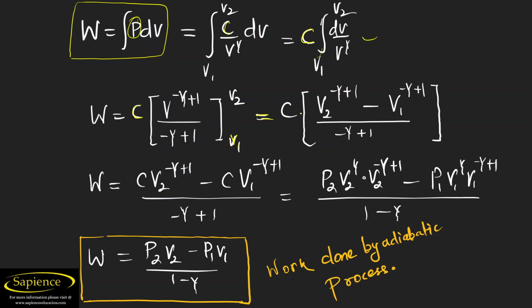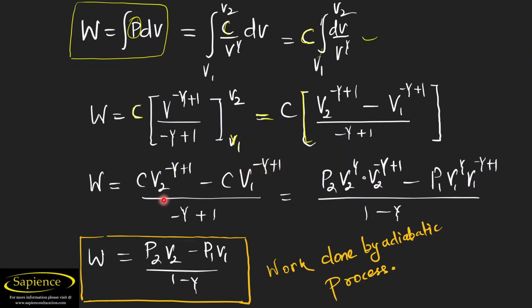So finally, C into V2 to the power minus gamma plus 1 minus V1 to the power minus gamma plus 1, divided by minus gamma plus 1. So we can multiply: C V2 to the power minus gamma plus 1 minus C V1 to the power minus gamma plus 1.